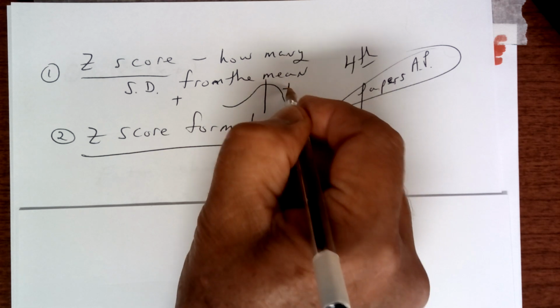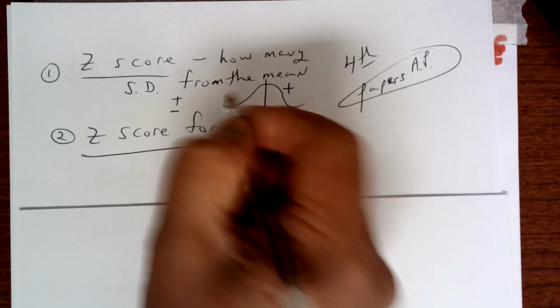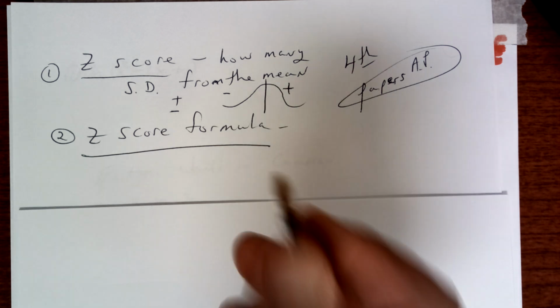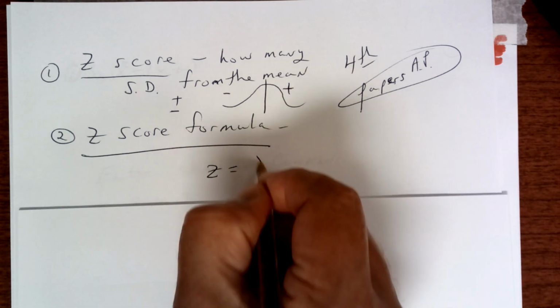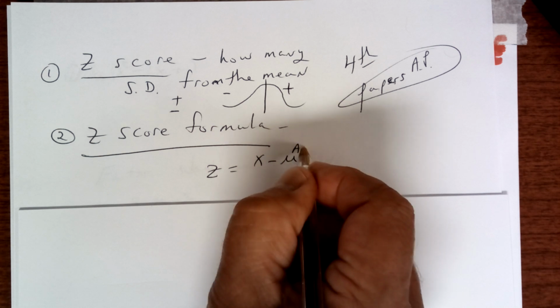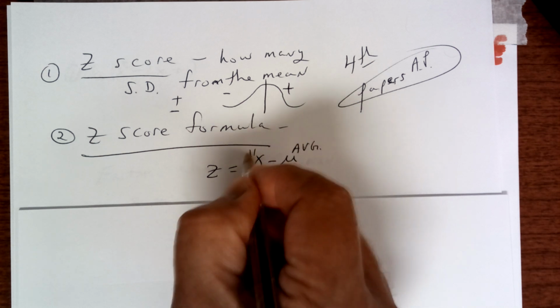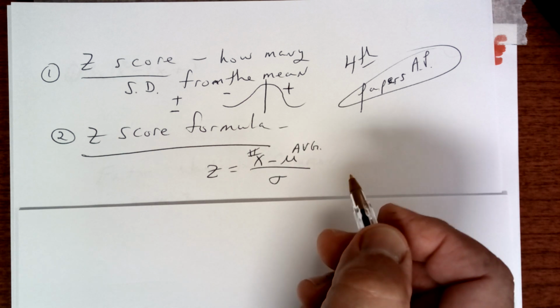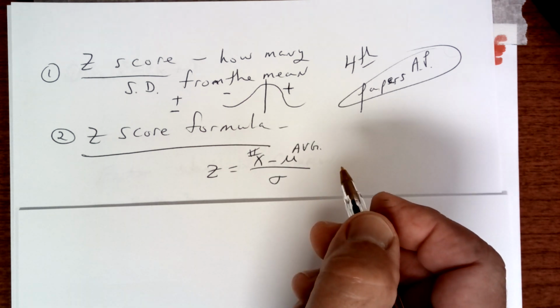If it's a minus, it's below the curve. The z-score formula is Z equals some number minus the average, divided by the standard deviation. Put a star by that.